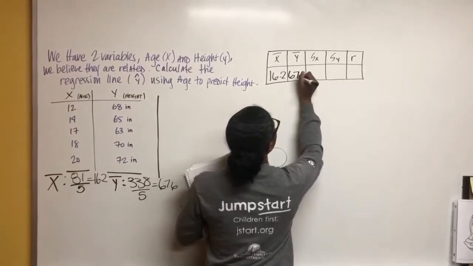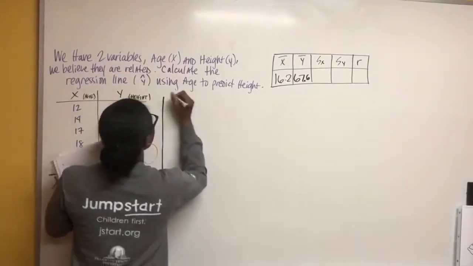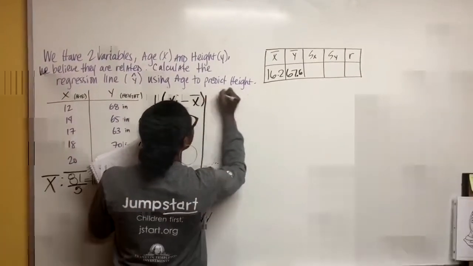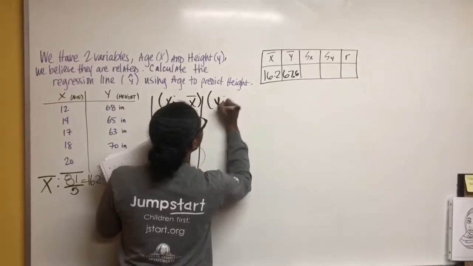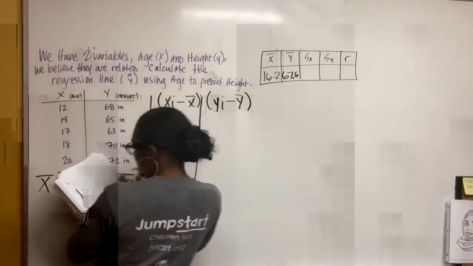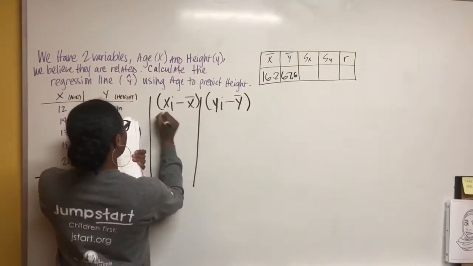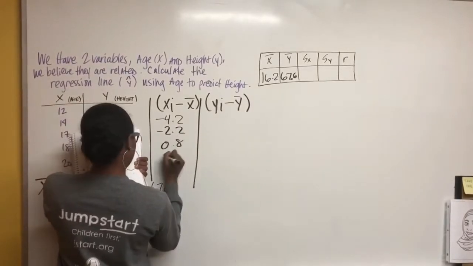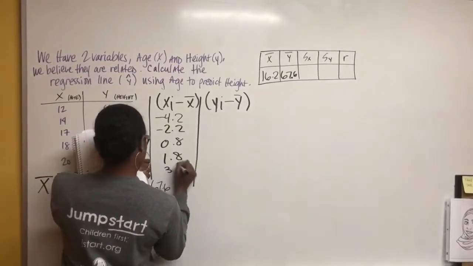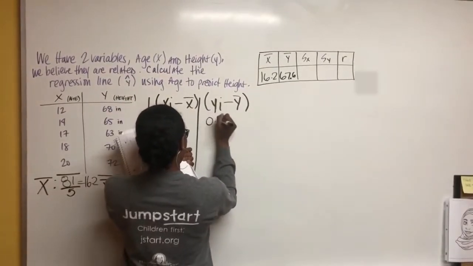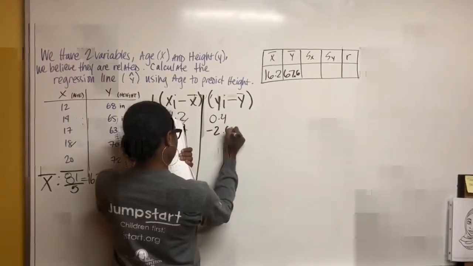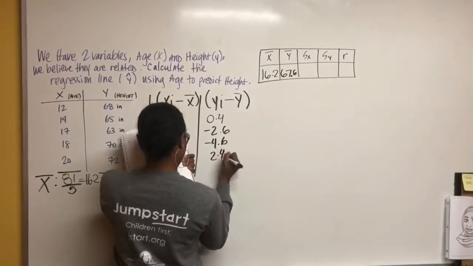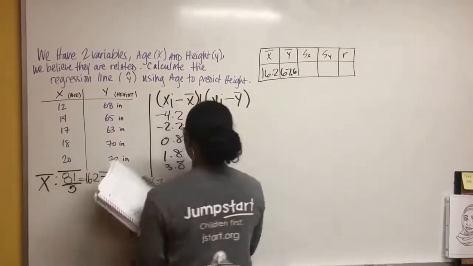And now I'm going to solve for the standard deviations of x and y. So for our x column, it's negative 4.2, negative 2.2, 3.8, and this one is 0.4, negative 2.6, negative 4.6, 2.4, 4.4, and for us, this should equal 0.